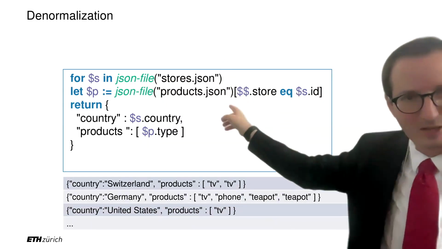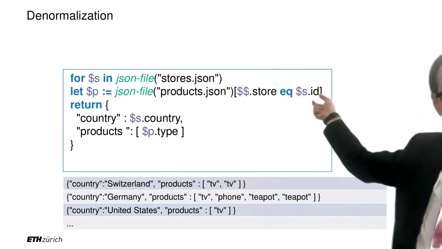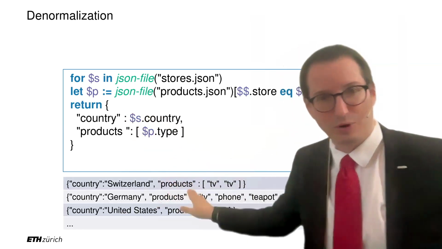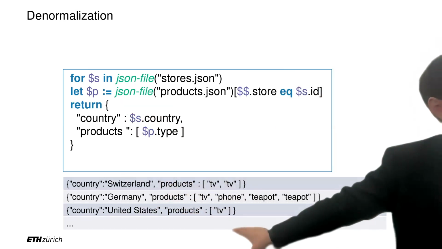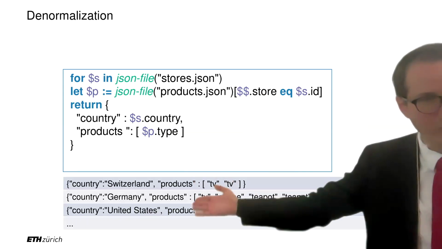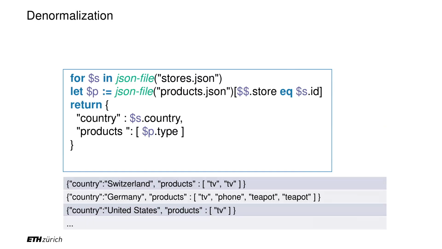It's matching them, right? So now, for every store, here I have the list of products that are in that store. And then I return the country of the store and the products that are in there, right? For whom does that make sense? Right? So that is a kind of denormalization where you can build something that is nested.